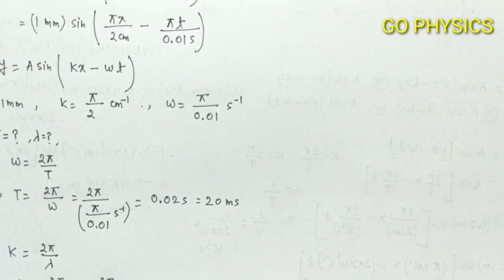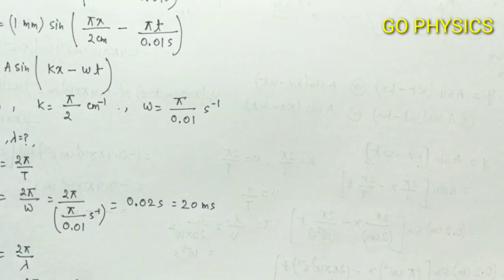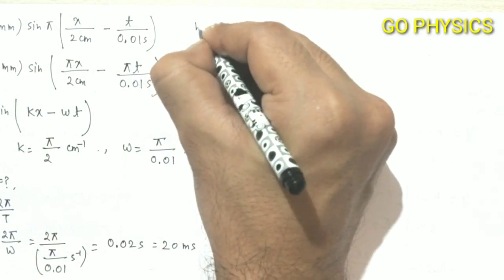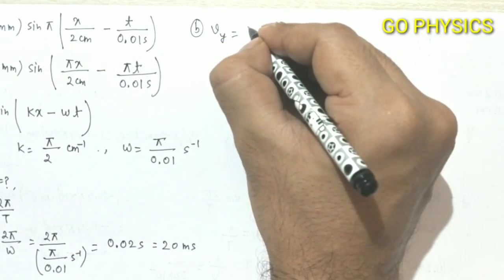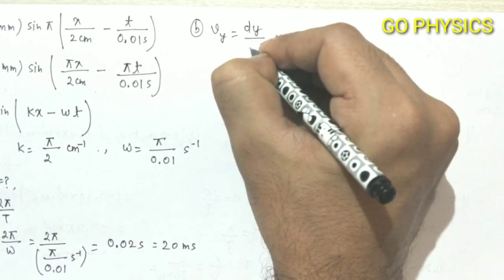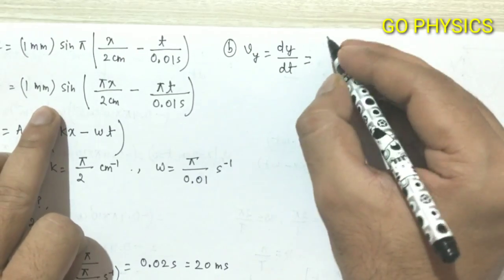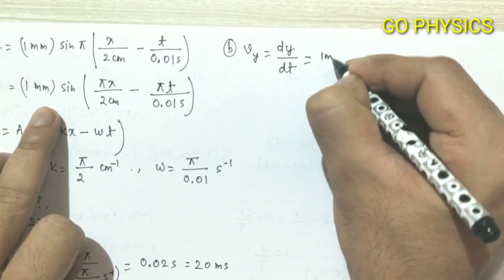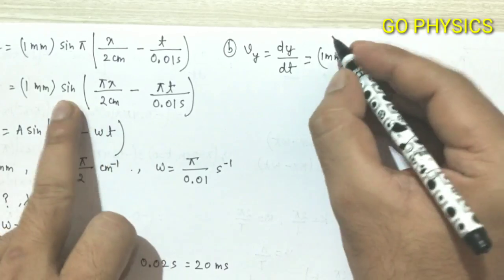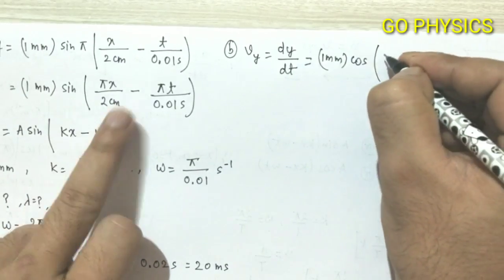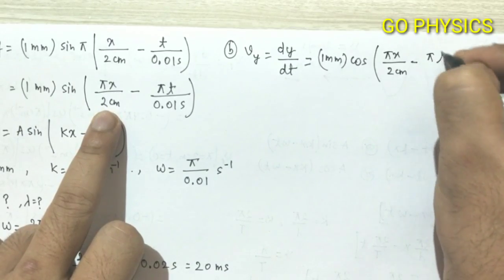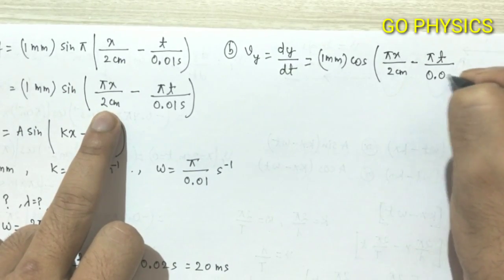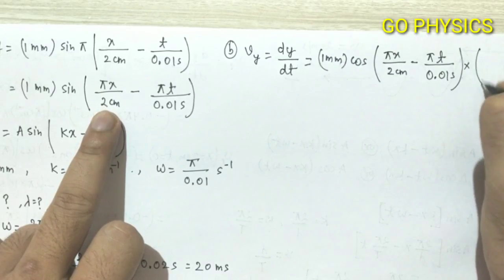Now we will see the B part of the question. In the B part they are asking to write the equation for the velocity of particle. So how will we calculate velocity of particle? Velocity of particle is the rate of change of displacement, dy by dt. This will come out 1 millimeter, now sine will change into cos, pi x by 2 centimeter minus pi t by 0.01 second, and whole multiplied by the coefficient of time.